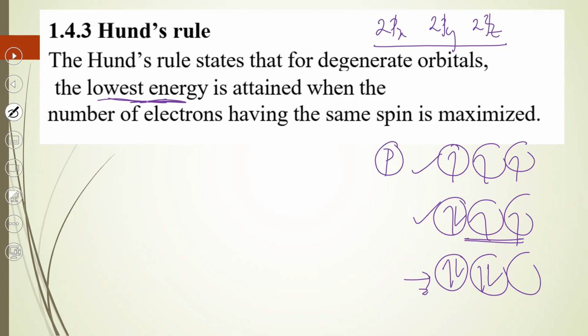Highest energy means less stable. So lowest energy is attained when the number of electrons having the same spin is maximized. Then only the opposite spin comes, right? This is the way you have to understand. So why does it undergo this filling order? Same spin first, then the opposite direction, to get maximum stability.